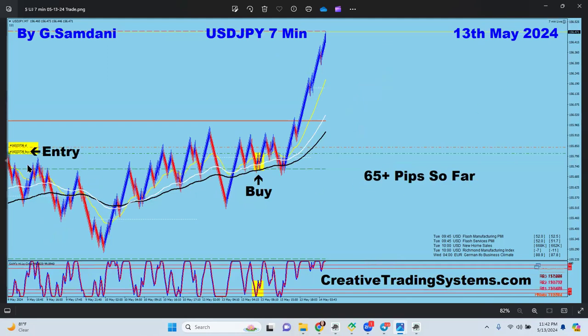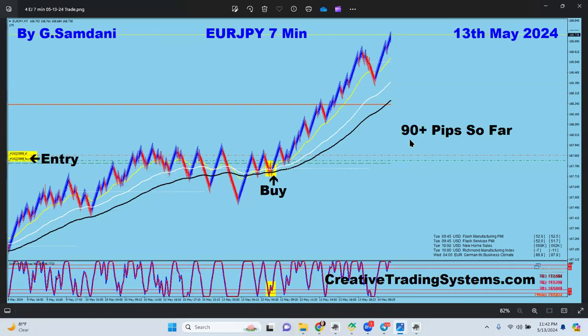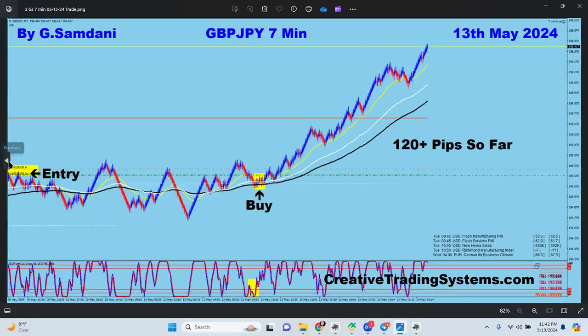So 65 here, 90 here. So that's 155, and then 55, 65, 75, 275 pip in 3 pairs from the 7-minute chart on stupid Monday. Another manic Monday, right? So using this methodology.